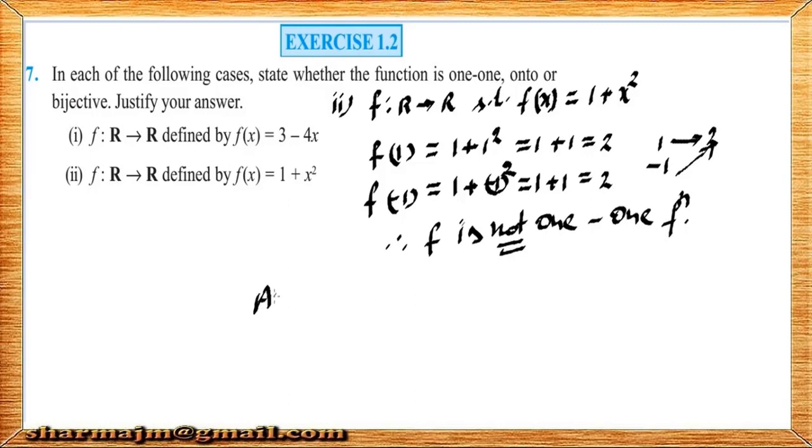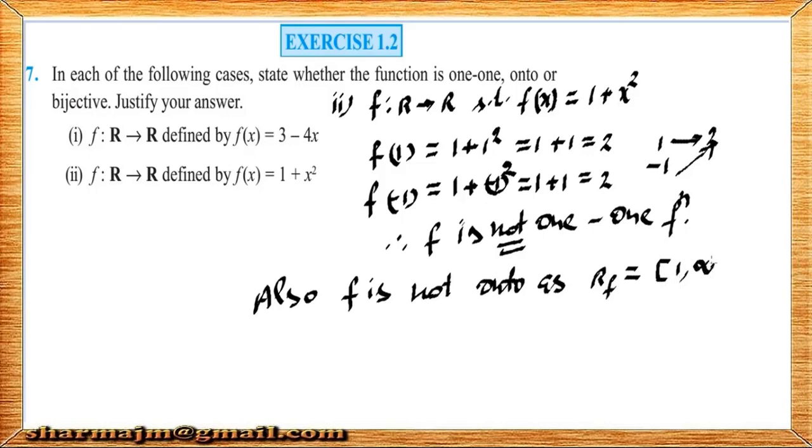Also, f is not onto, as the range of f will be 1 to infinity, and it is a proper subset of R, that is codomain.